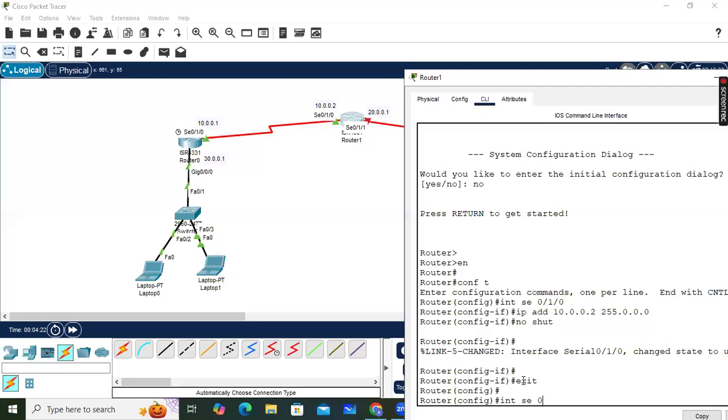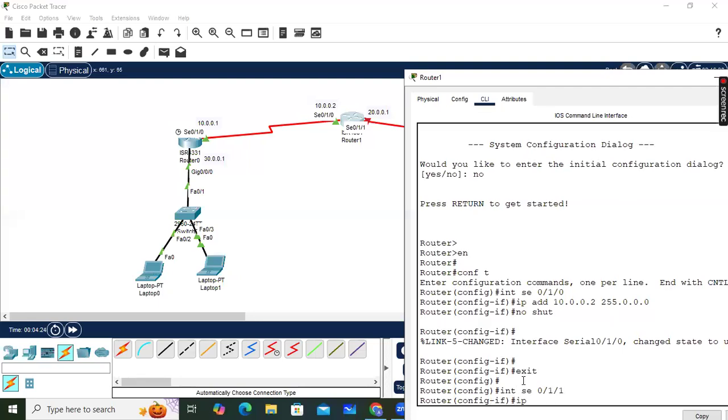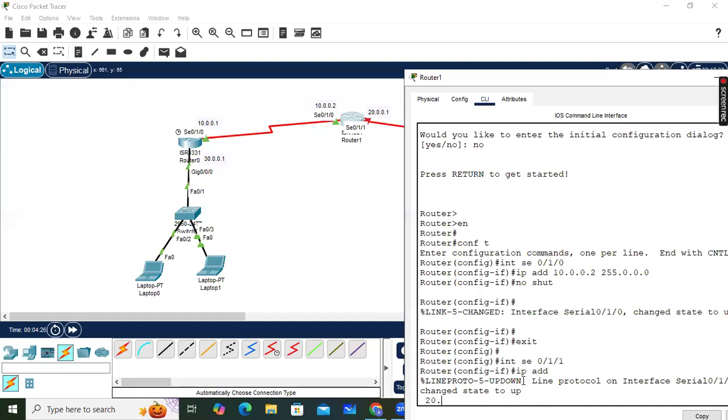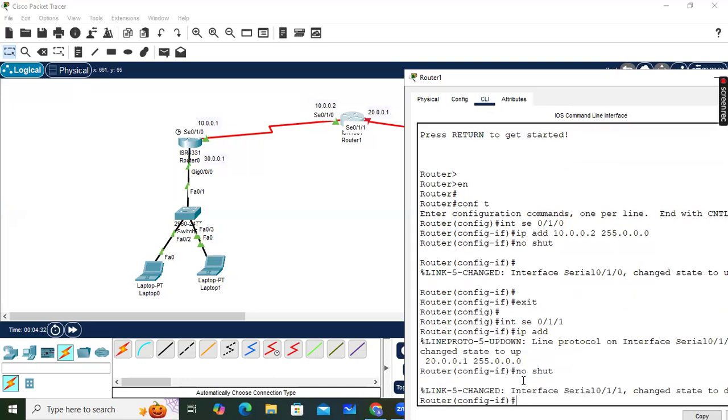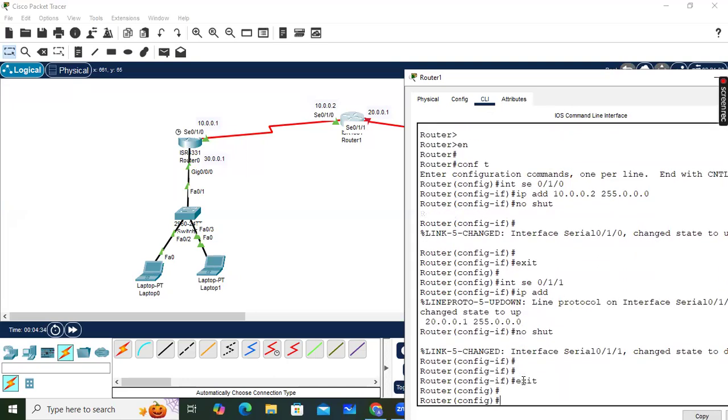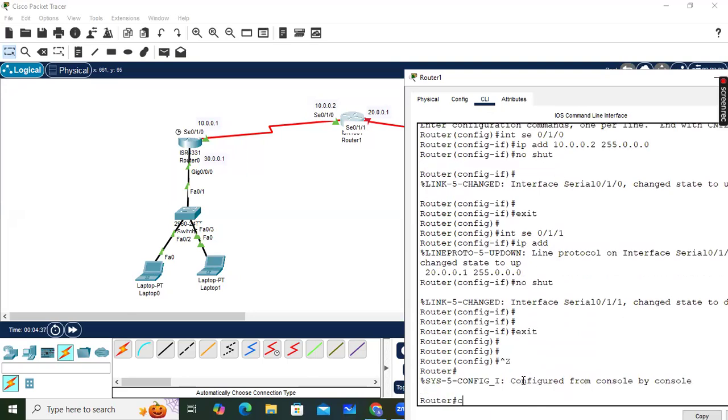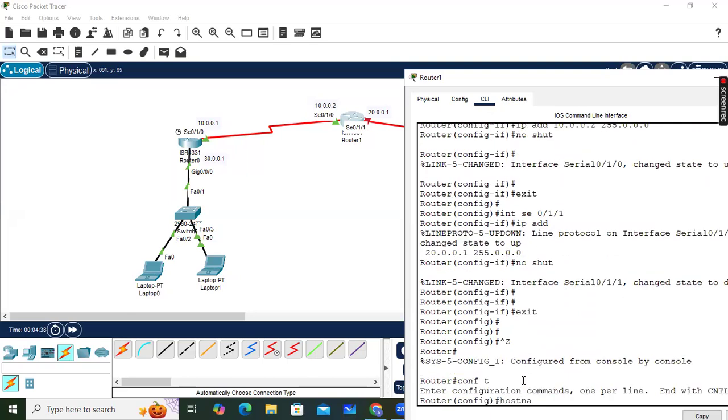Interface serial 0/1/1, enter, IP address 20.0.0.1 255.0.0.0, enter, no shut, and then exit. And change the host name as well. Just give the host name as R2.